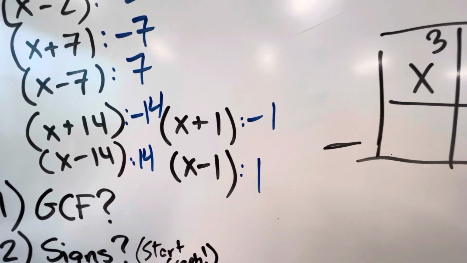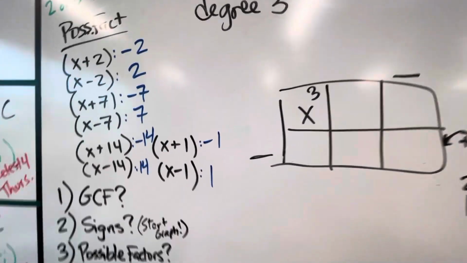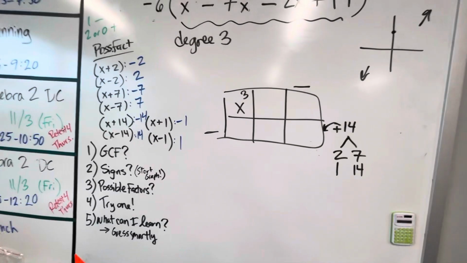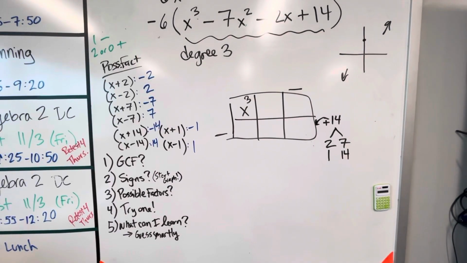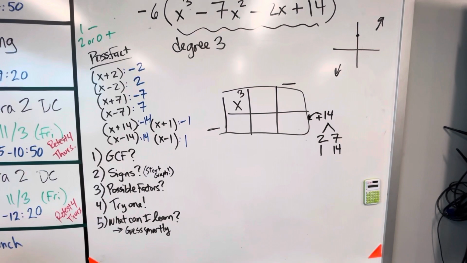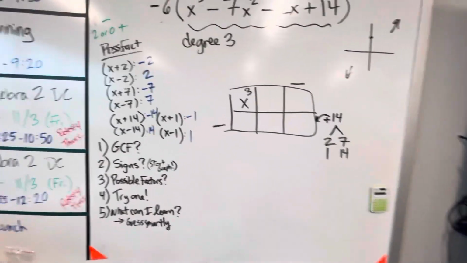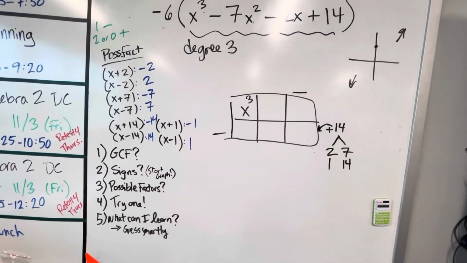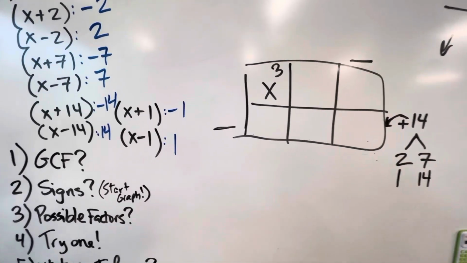So I am guaranteed to find one negative root. However, let's go ahead and try one and see what happens. Actually, I really like trying positive roots because I can use the sign analysis to see if I've capped it out or not.